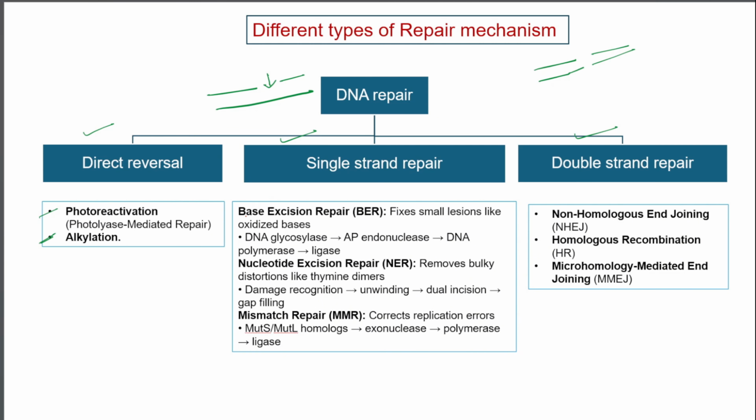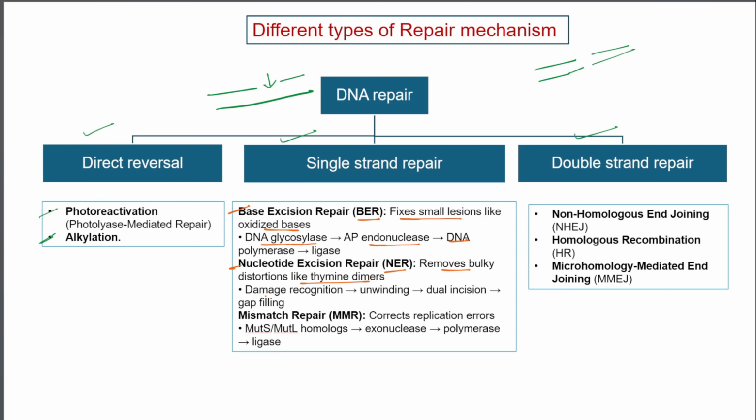In single-stranded repair systems, there is base excision repair, called BER, that fixes small lesions like oxidized bases. Base excision repair uses DNA glycosylase, AP endonuclease, DNA polymerase and ligase. And nucleotide excision repair, that is NER, removes bulky distortions like thymine dimers.